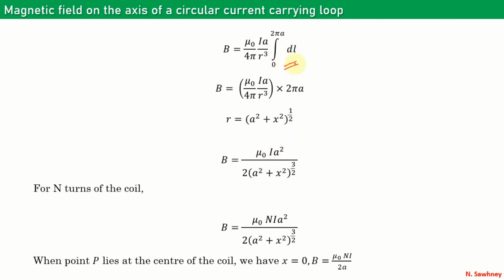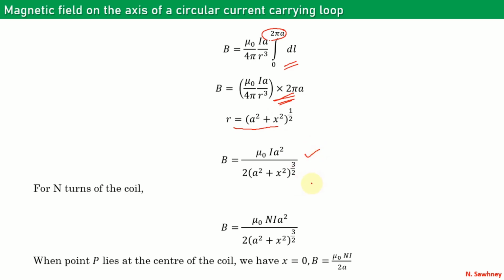And for the whole loop, when we are calculating, this length dl has to be integrated from 0 to the entire circumference of the loop, that is 2 pi a, where a is the radius. Putting down the value of r, which is under root a square plus x square, in the above equation, we have obtained this equation, that is the magnetic field intensity at point P.